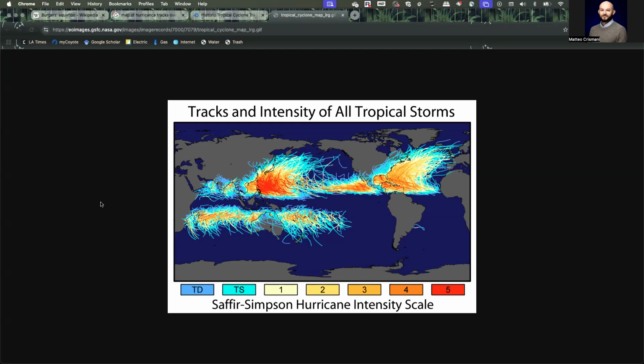What do you notice? You think they go this way? Yeah, they all start here and they go this way.